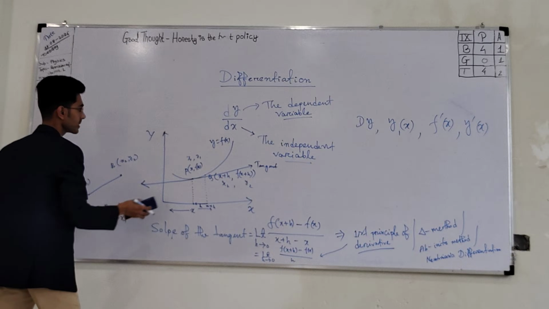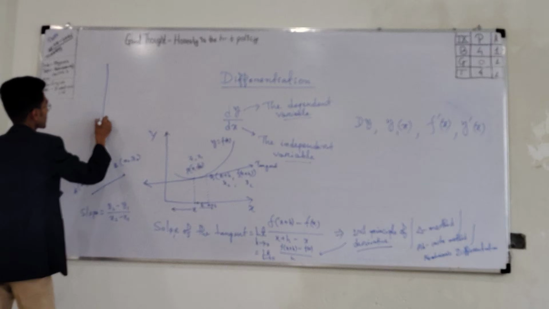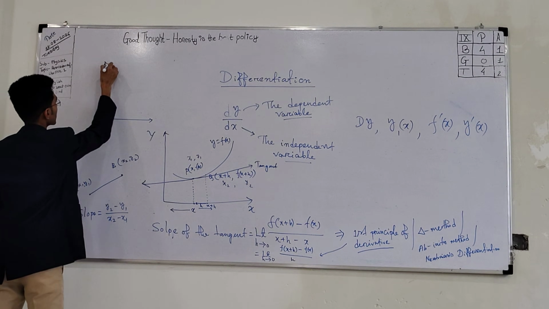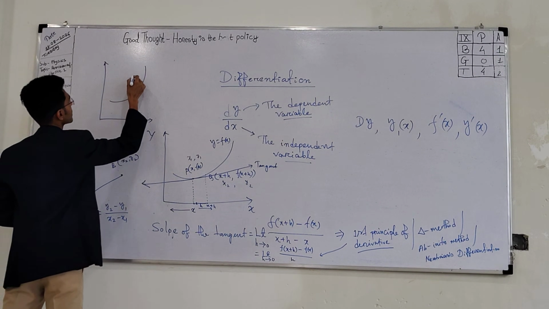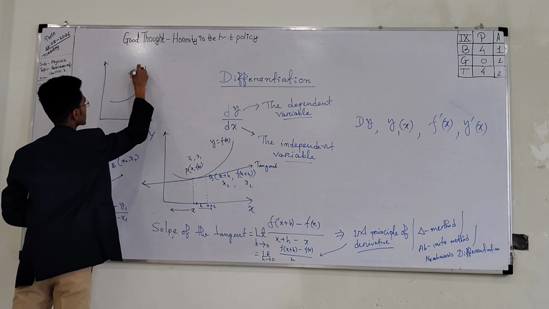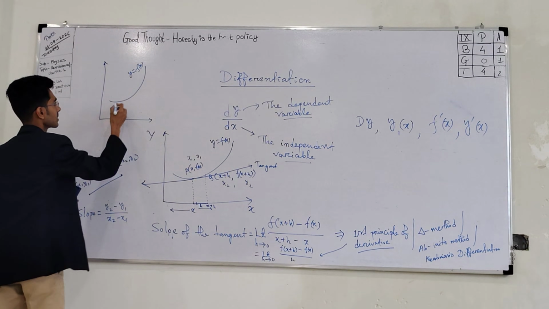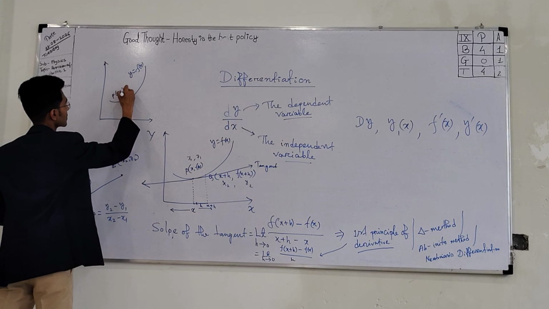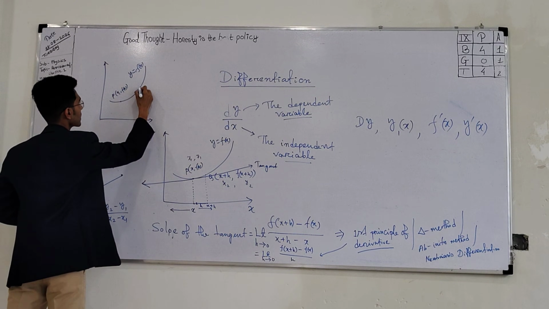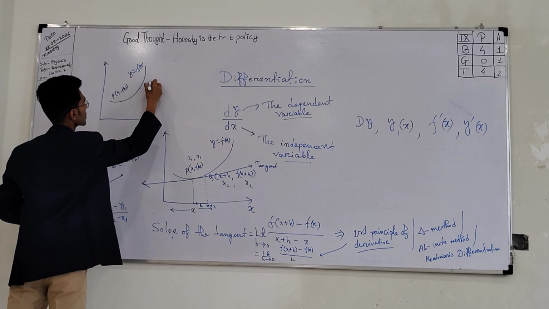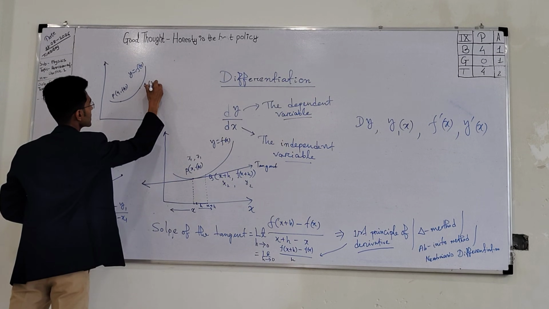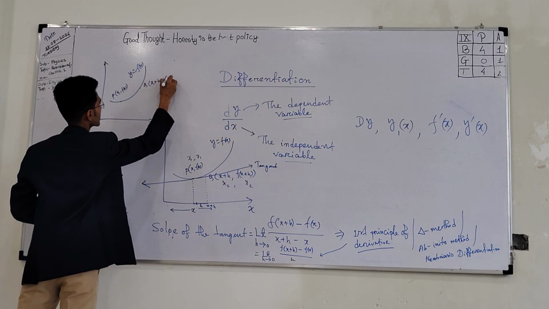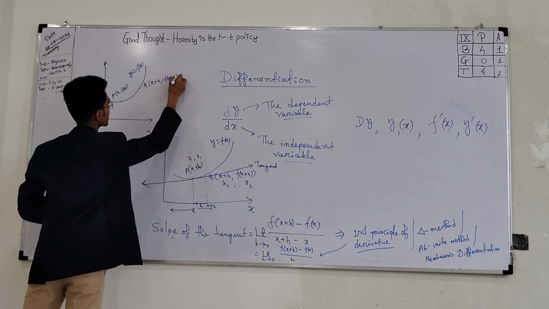We can solve it in another way. Let us suppose we draw a coordinate plane and a function y equals f of x. Let this point be P, with coordinates x comma f of x, and the other point be Q, with coordinates x plus h comma f of x plus h.